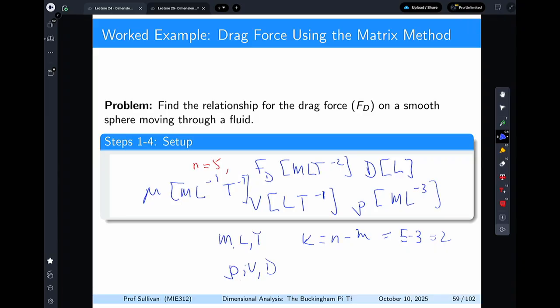And my non-repeating variables combine mass, length, and time, so force of drag and viscosity. So all I'm doing, again, is the same sort of thing, but I'm going to approach it a little bit differently in terms of trying to solve it.